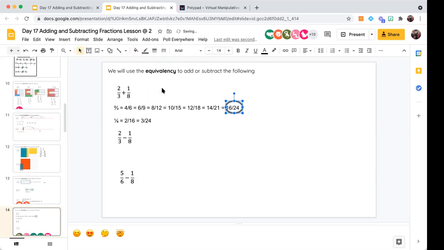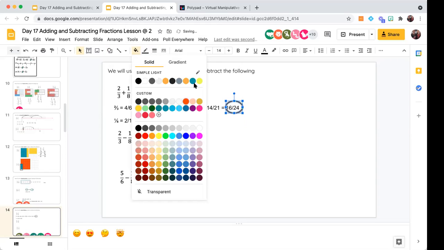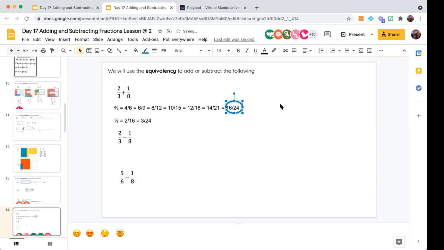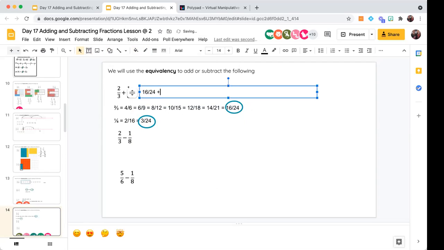So looking at 16/24 and 3/24, I can say then that 16/24 plus 3/24 is in fact the same thing as 19/24.